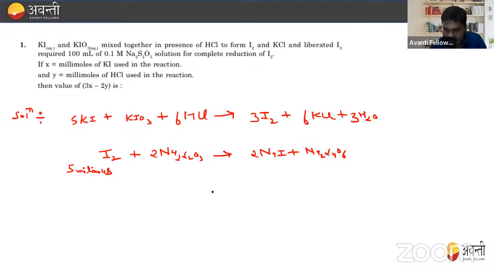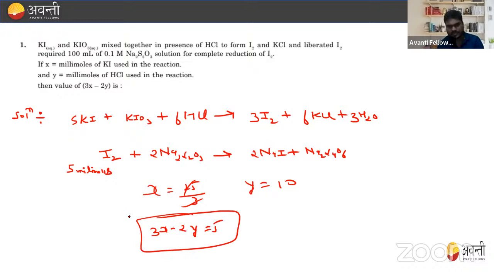Right. So what does the value come out to be? So x comes out to be 25 upon 3 and y is equal to 10. What is the formula? 3x minus 2y is equal to 5. Right? 3x minus 2y is equal to 5.